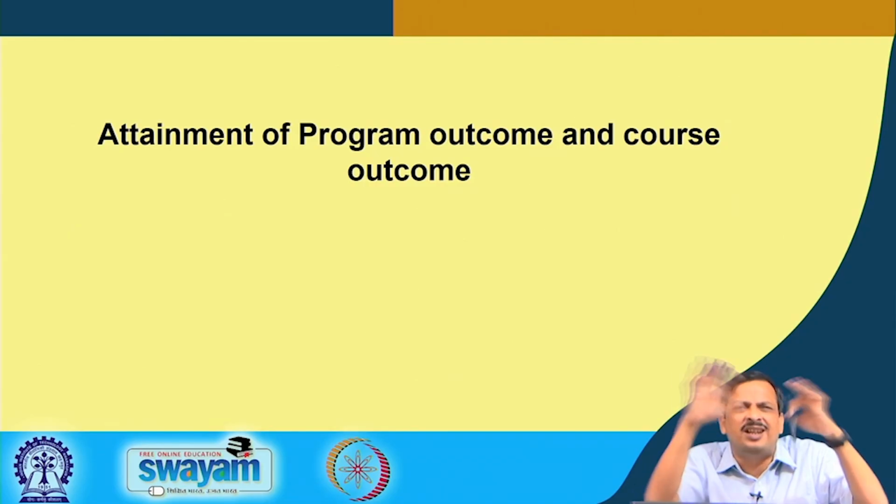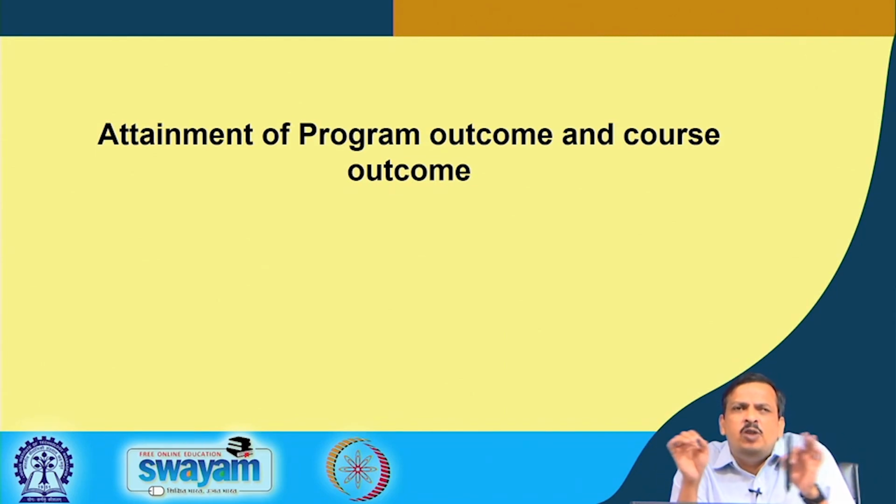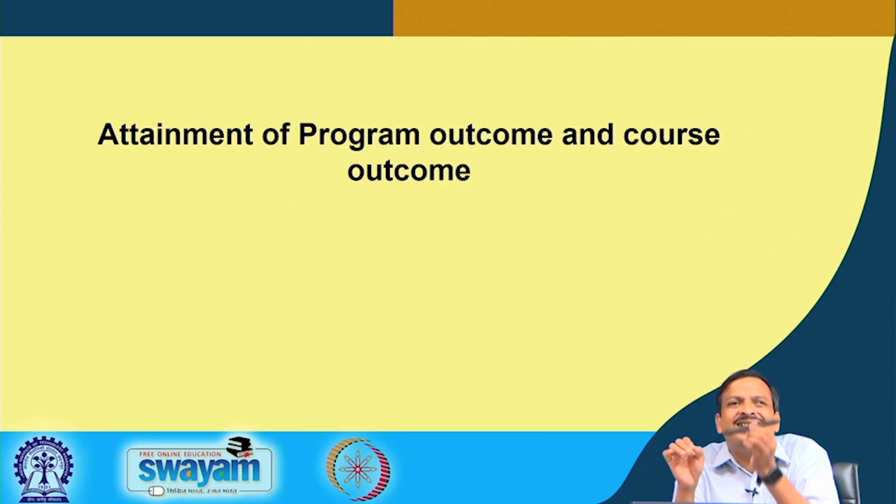Now, suppose you have designed all this outcome based curriculum, you have implemented it in the classroom, everything is done. How do you test whether the learner has attained that outcome?